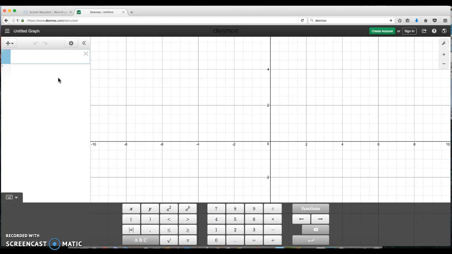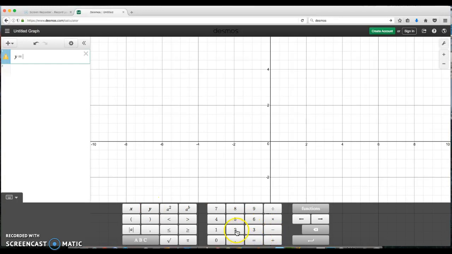To start, we have our blank graph here, and we can put some simple lines in to begin with. We're going to start with y equals 2. You can type it in, or if you'd like, you can use these functions.